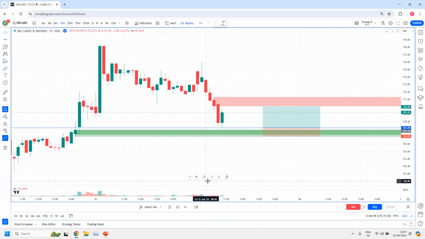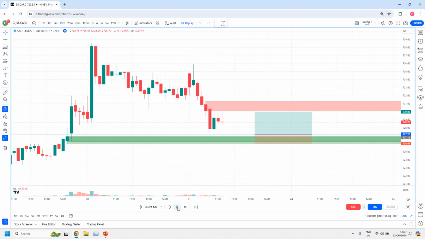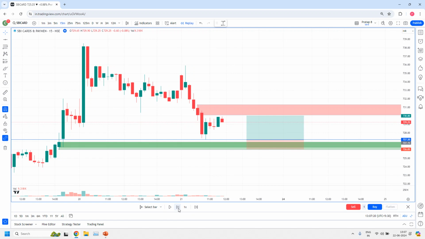The next candle, let us see what happened. So it reached close to the zone. You might have exited either in this candle or maybe the next candle. Let us see.